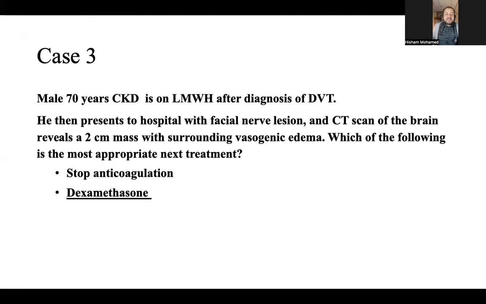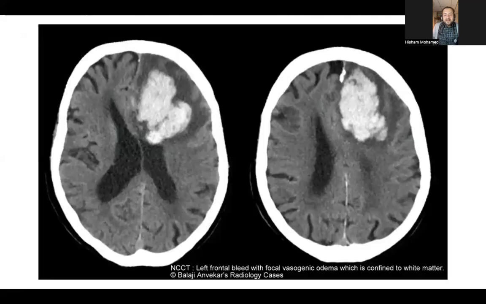We have a patient on dialysis, and he got DVT and started low molecular weight heparin and came with a facial nerve lesion. We did a CT scan of the brain, and we find, as you see here, vasogenic edema.